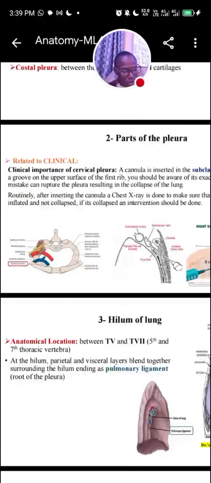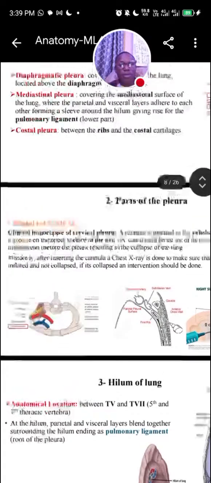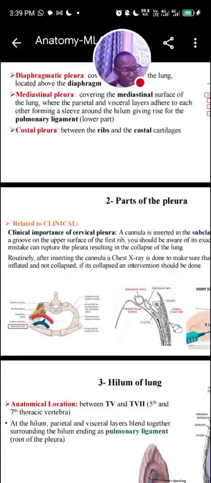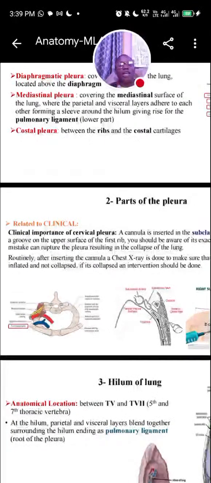The costal pleura covers the ribs and costal cartilage. The mediastinal pleura covers the mediastinal part of the lungs, where the two layers adhere to each other, forming a sleeve around the hilum, giving rise to the pulmonary ligament.